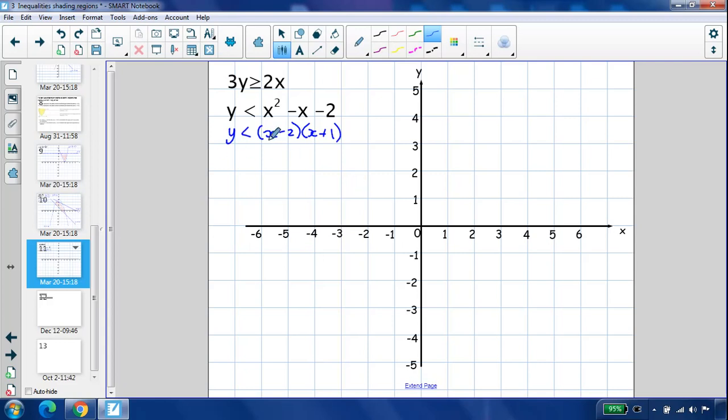So if we were to go and think about sketching this, when y is 0, I'm going to have x is equal to 2 and x is equal to minus 1. The y-intercept is going to be minus 2, and I'm going to have a dotted line.